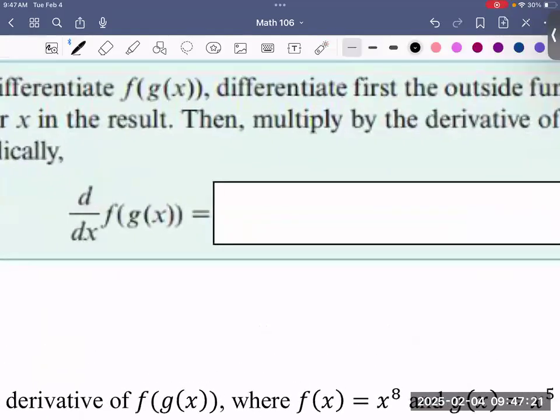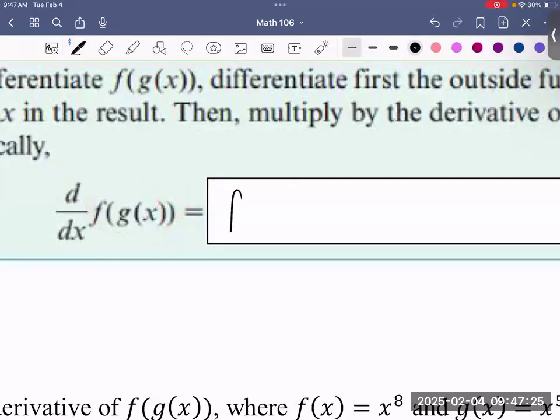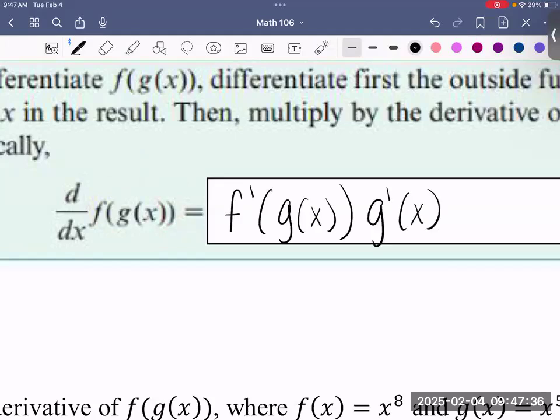So if you have some sort of a composite function, we can think about it as taking the derivative of the outside, leaving the inside underived, and then multiplying it by the derivative of your inside. So in effect, we're using the power rule, more likely.